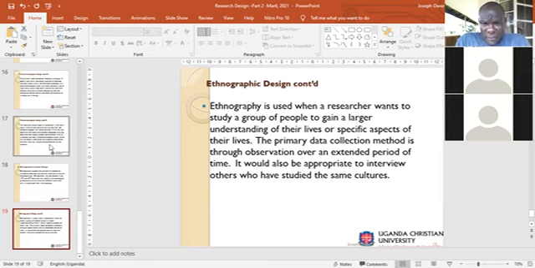So ethnography uses observation over a long period of time. In fact, you cannot observe something for a very short time and think you have exhausted it. You observe over a long time, and then you can understand the culture and maybe even why they do some things.